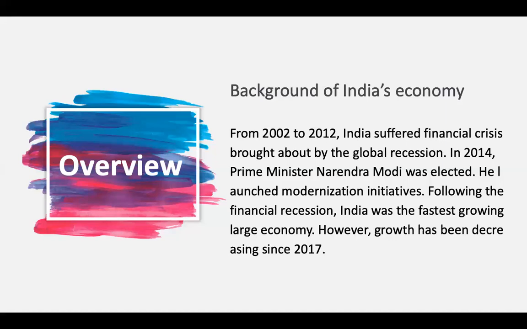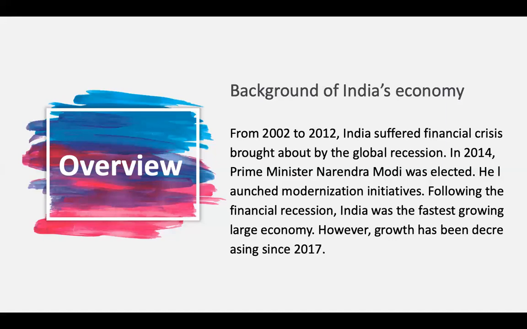Because of the cancellation, people had to go to the bank to deposit or exchange their big bills. As a result, $220 billion started to circulate in the country's economy. It also brought about fintech startups.